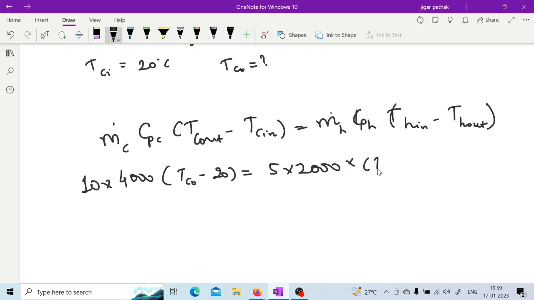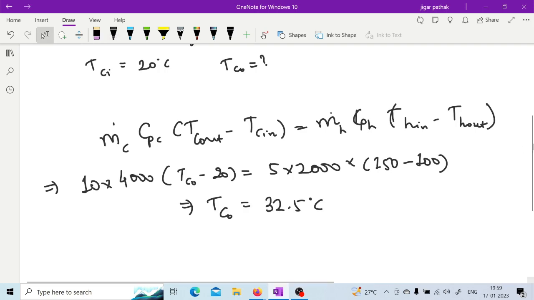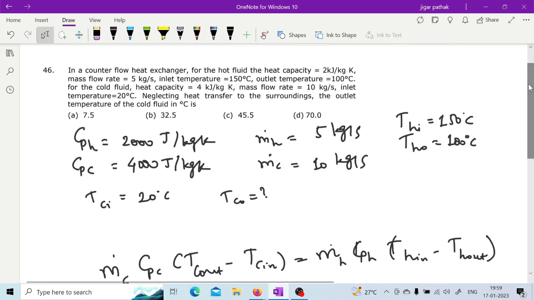And here it is 150 minus 100, right? This is how it is. Yes or no? Correct? Yes, sir. So if you solve this, then you will get 32.5, right? So which is given as your answer B.